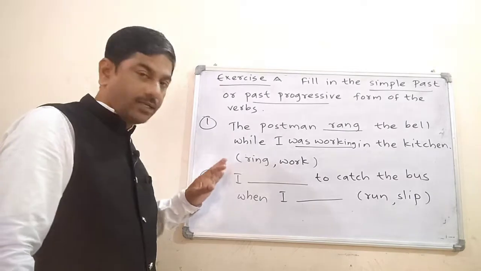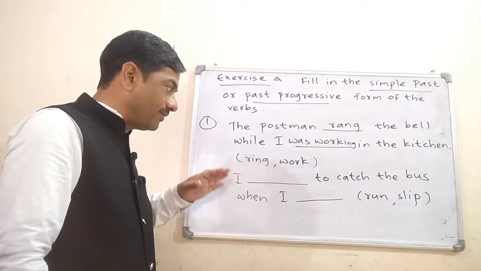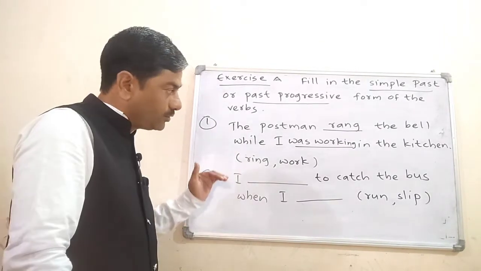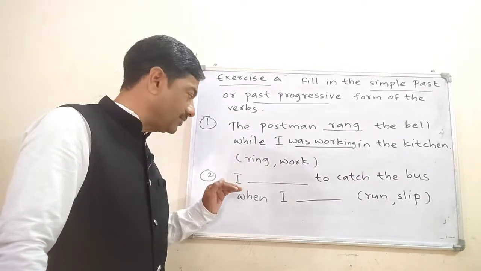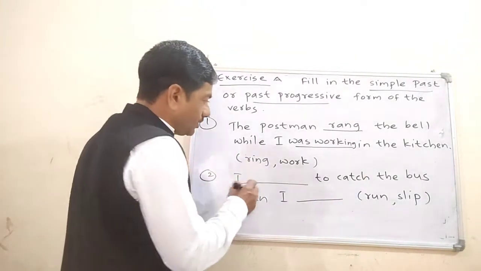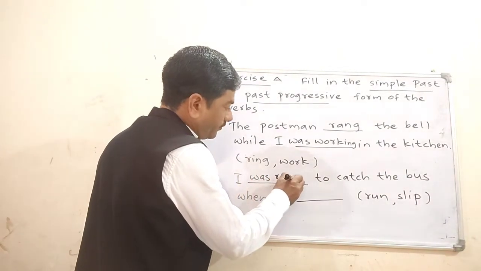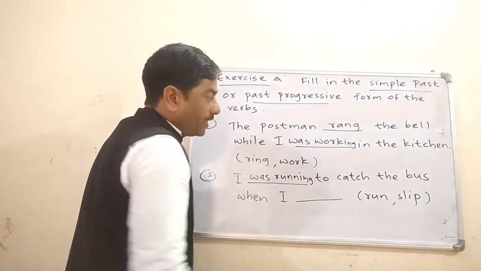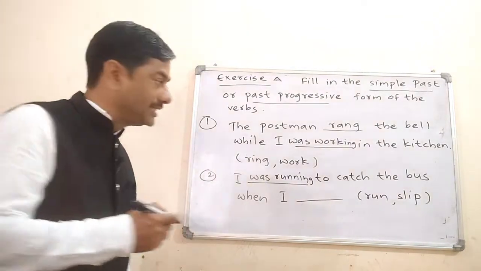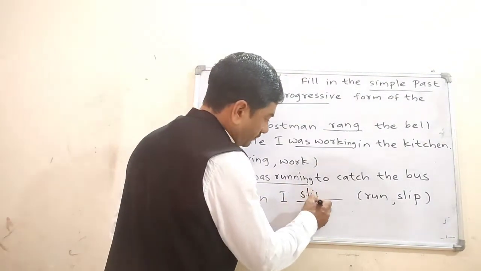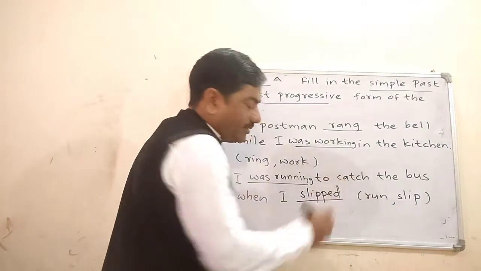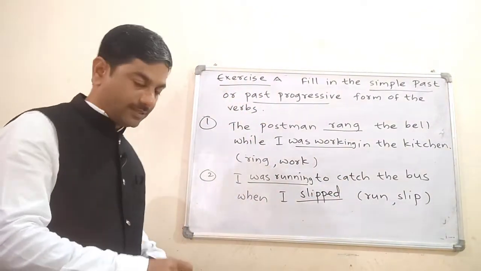I was running to catch the bus when I slipped. So this will be suitable. I was running to catch the bus when I slipped. So this will be the proper answer.